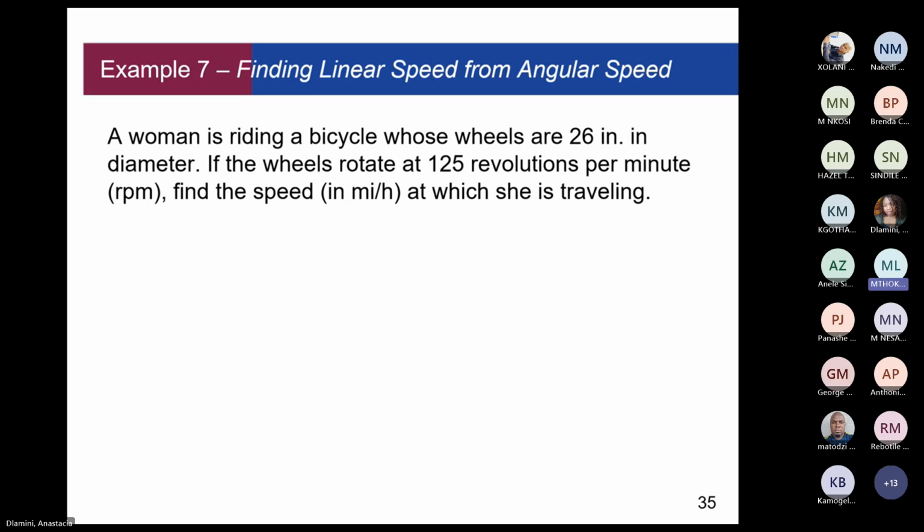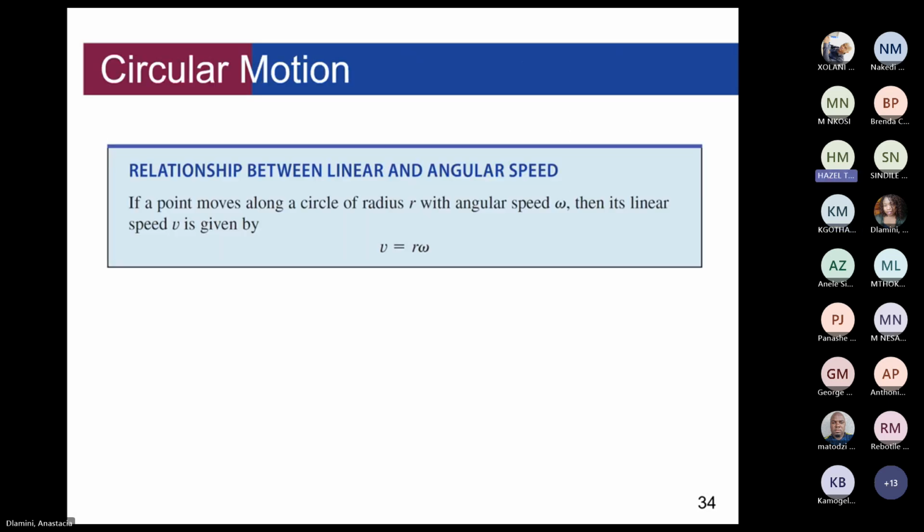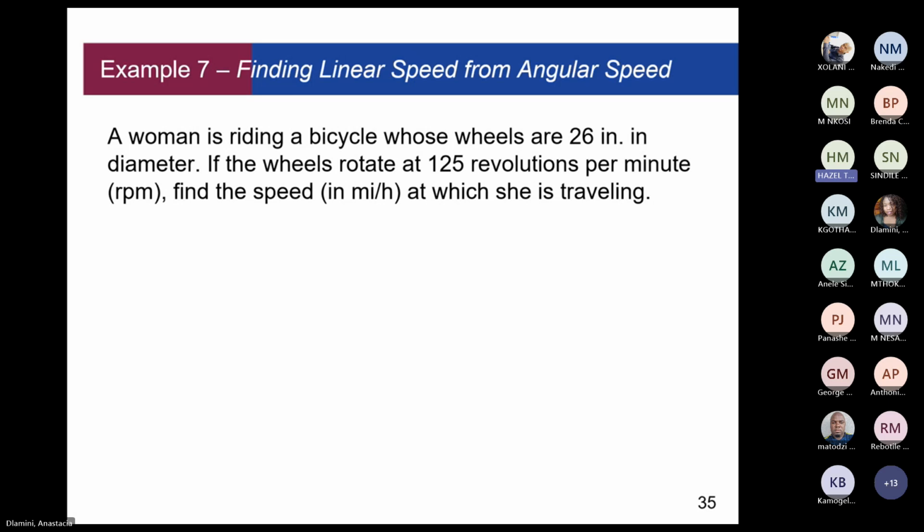Ma'am, don't we have the speed of the wheel which rotates at 125 revolutions per minute? Okay, that's good. We also have the diameter, but don't we need the radius? So we need to convert that. Divide 26 by 2. Well done. So the radius will be 26 divided by 2, which equals 13.